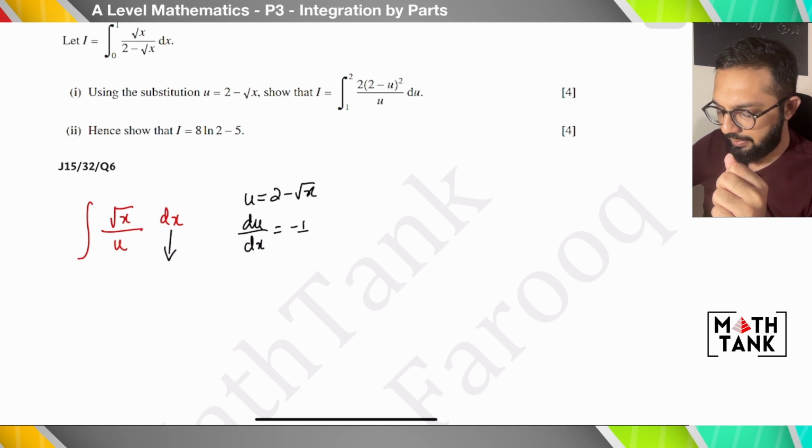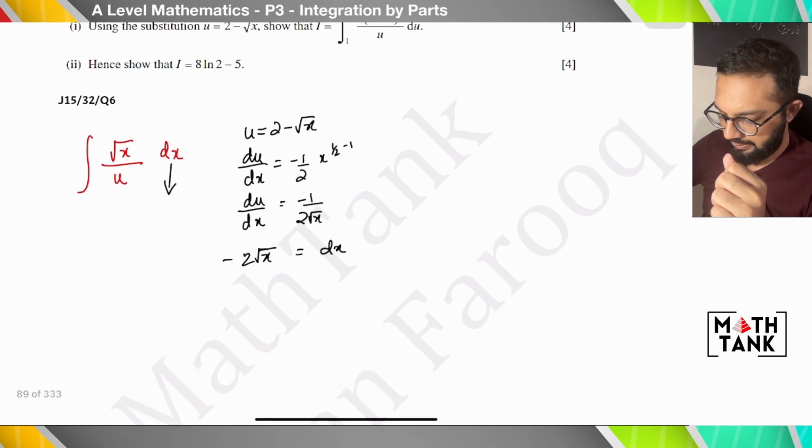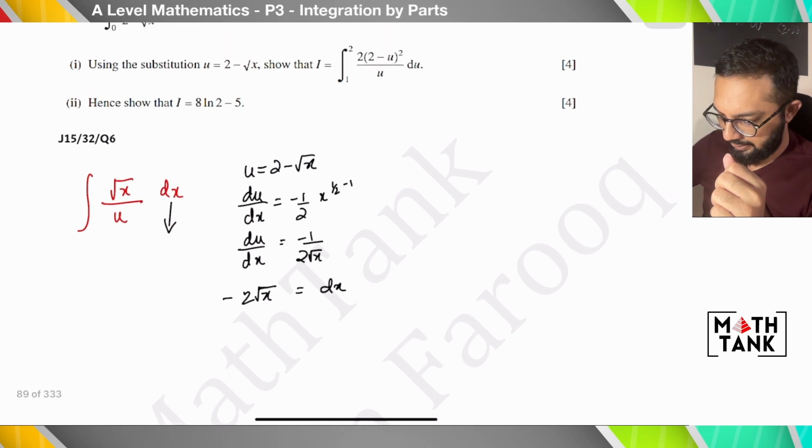Differentiating root x gives me minus half x power half minus 1. So I get minus 1 over 2 root x, and du over dx is here. So 2 root x with a minus is dx. Okay, so minus 2 root x over u.